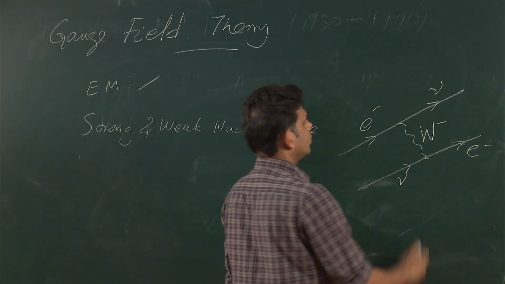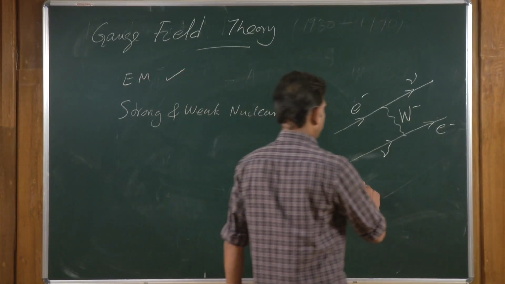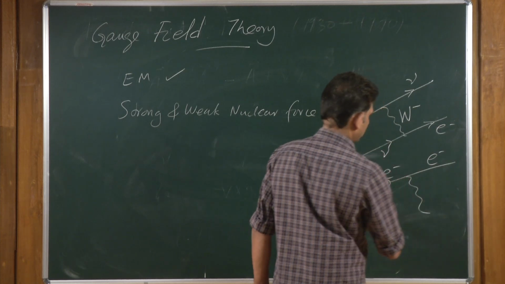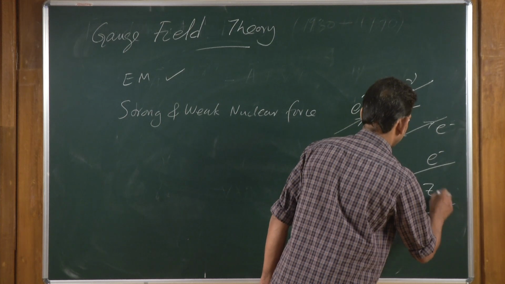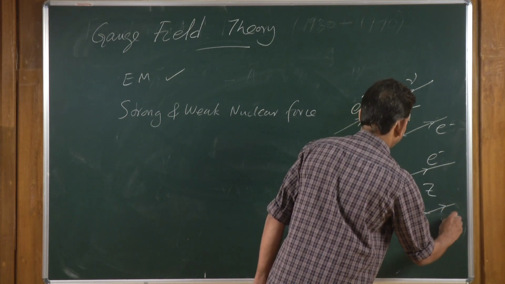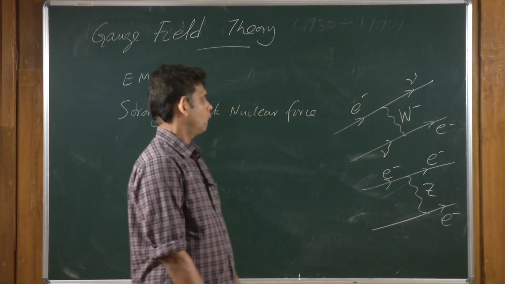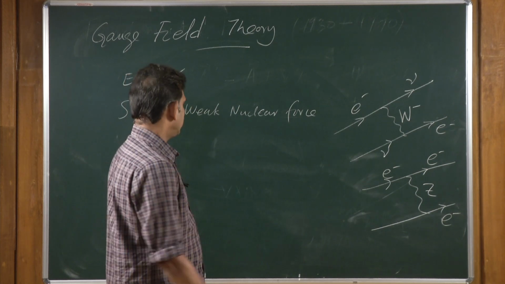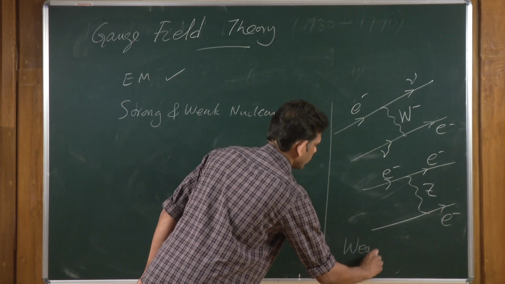Okay. So, this is how it goes. There could also be an electron going as an electron, but then interacting. This is very similar to the photon now. Electrically neutral. And this is the story with the weak force.